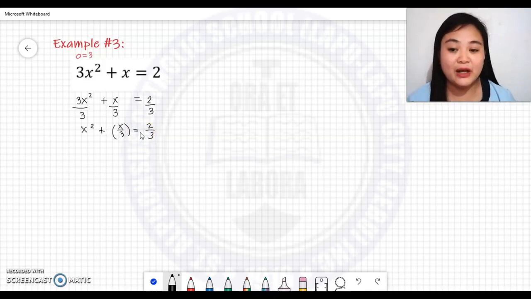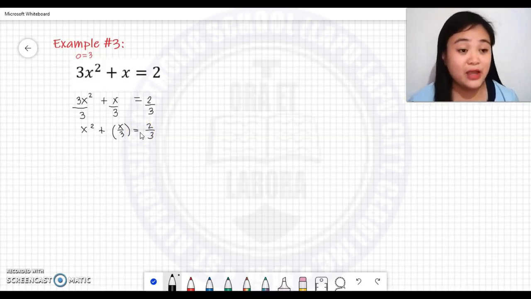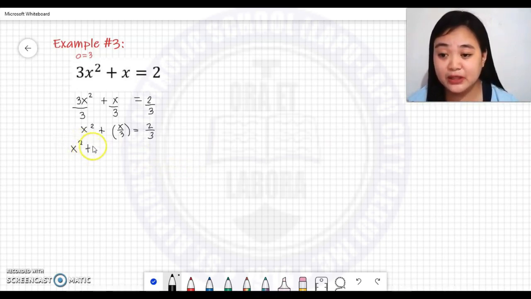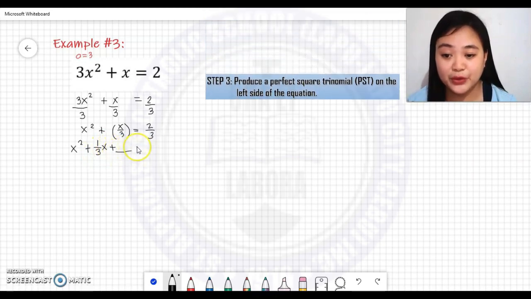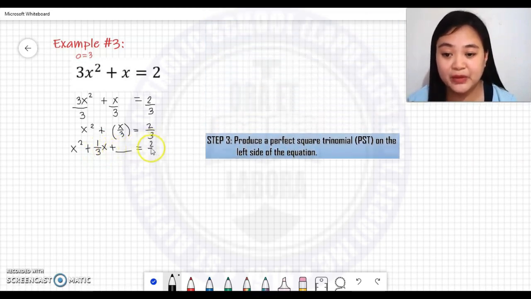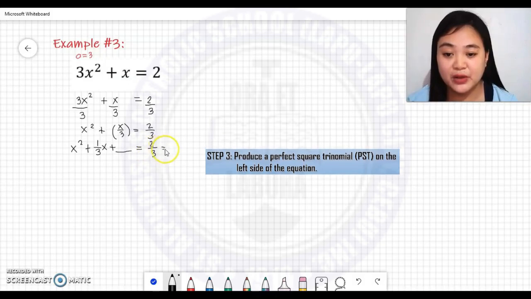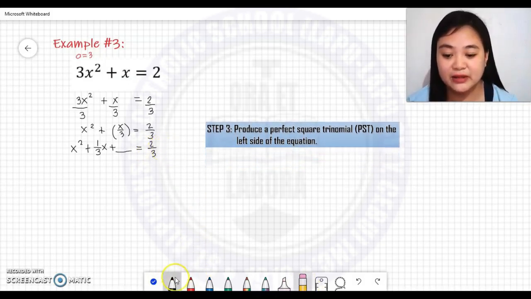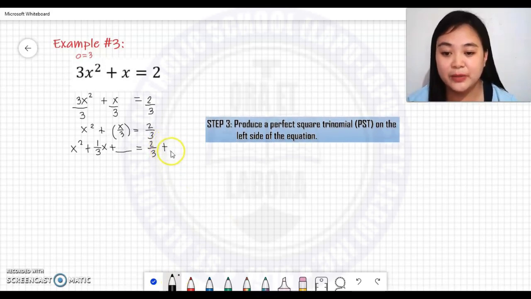Now our next thing is to find the third term. x squared plus, we could express x over 3 as 1 over 3 x, plus blank, we don't know what we're going to add later on, equals 2/3 plus blank.